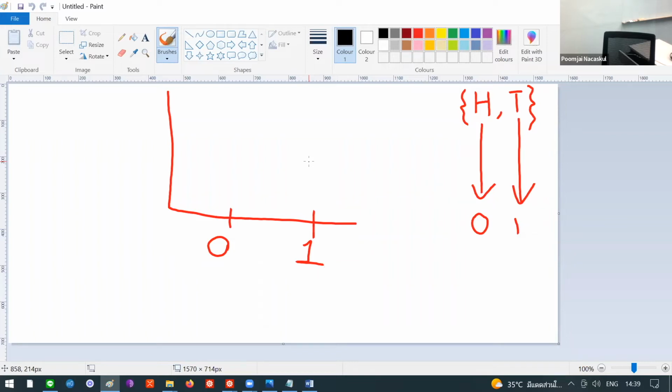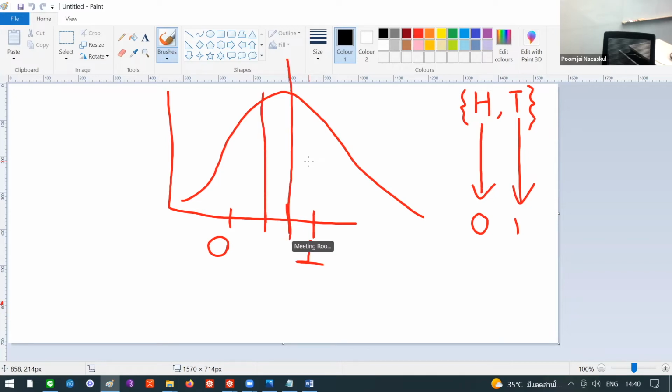I can redraw this. If I were to draw something like this before, would it make sense? Anybody? No, because if I did this, watch my hand. My hand is sort of like here between 0 and 1, right? I can integrate the probability, and there's a probability that the coin will land between 0.5 and 0.7.